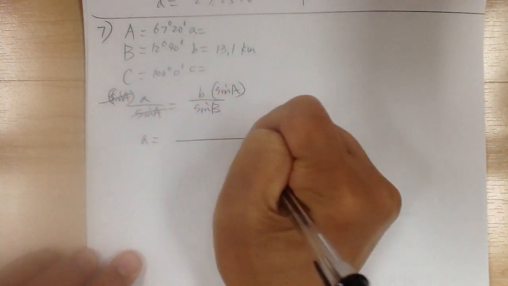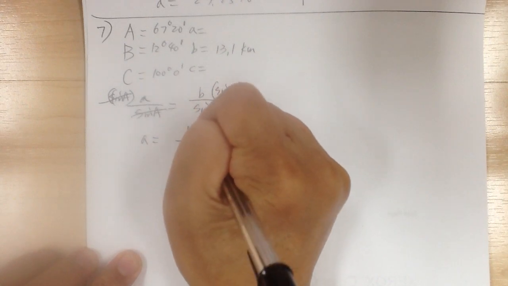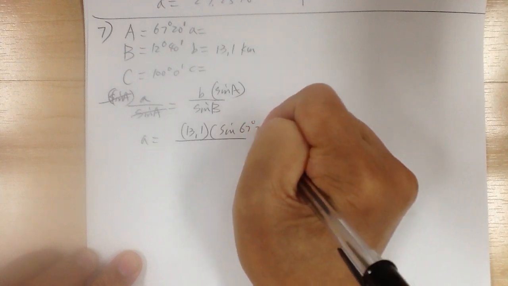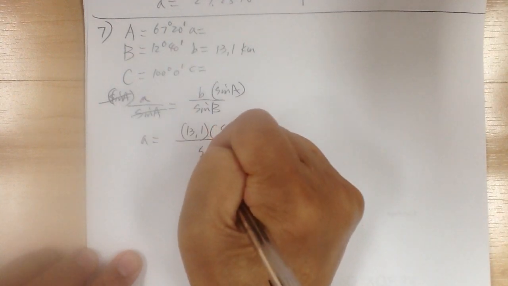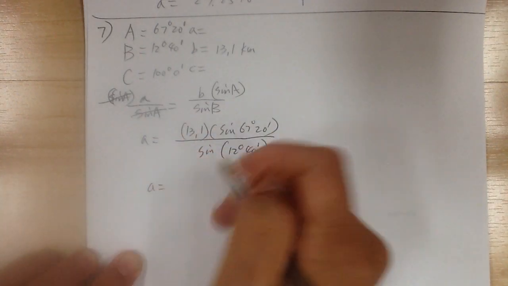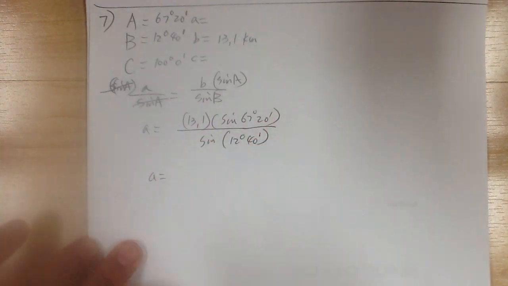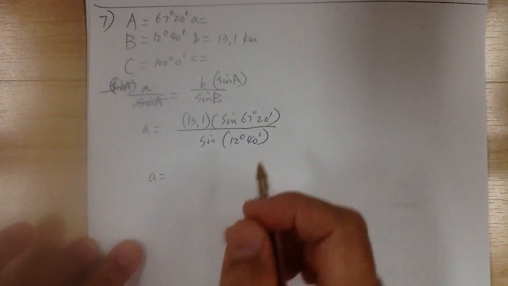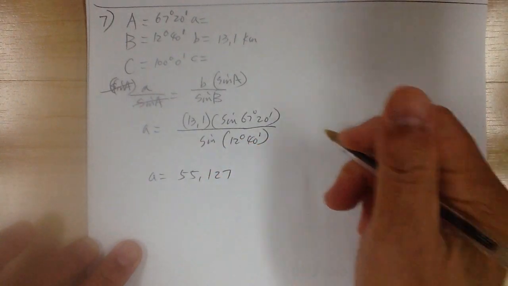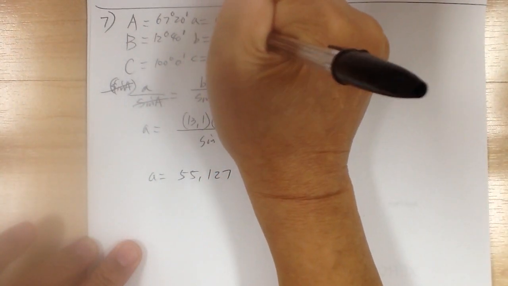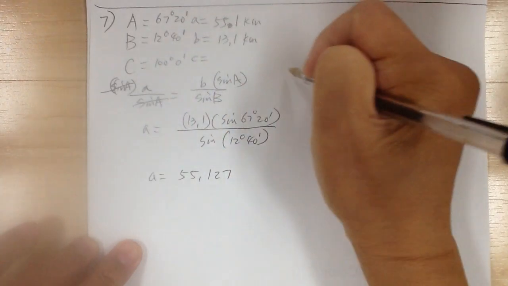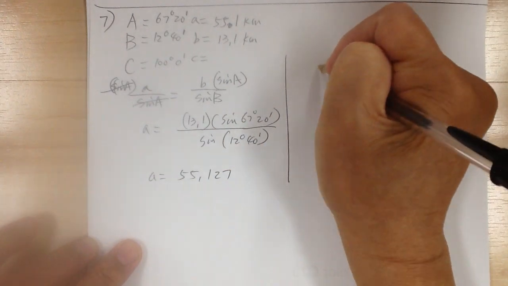So A will equal, small b is 13.1, you get sine of A, which is 67 degrees and 20 minutes, over sine B, which is 12 degrees and 40 minutes. Okay, so make sure you know how to enter all that in your calculator. You've got to be familiar with your calculator. So A will equal 55.127. So when you round it, you get 55.1 kilometers.